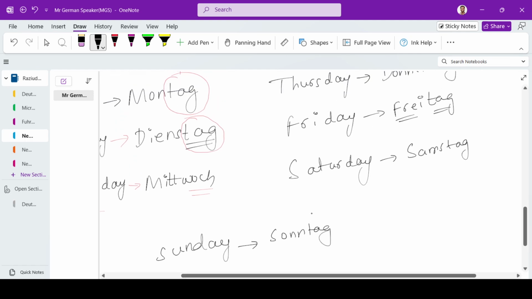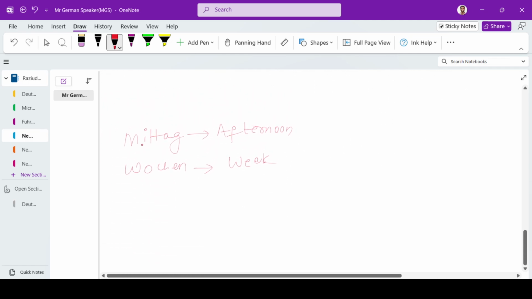As you see here, all the days have Tag at the end except Mittwoch, because Mittwoch is the middle of the week. Don't say Mittag. If you say Mittag, it will be considered afternoon.